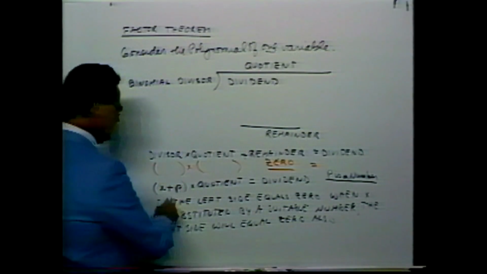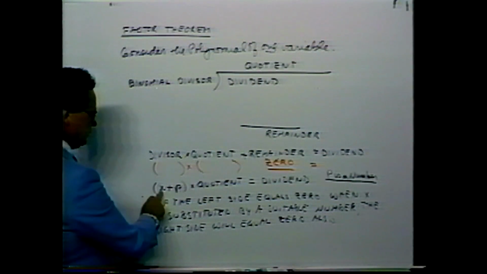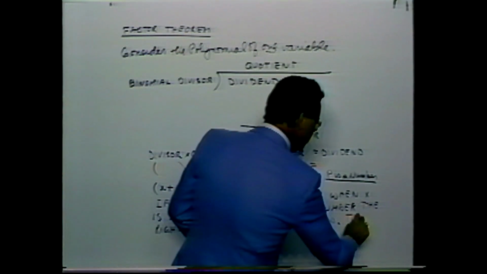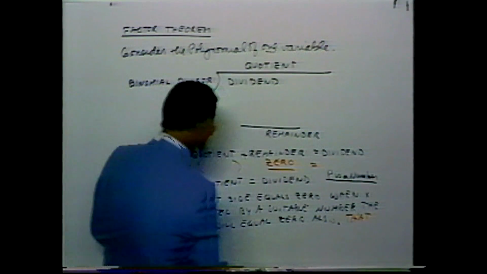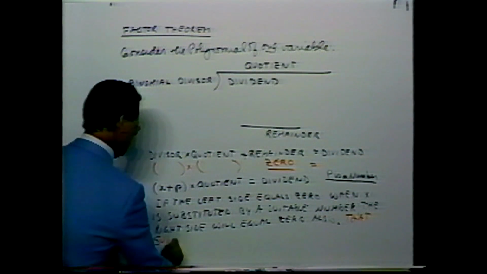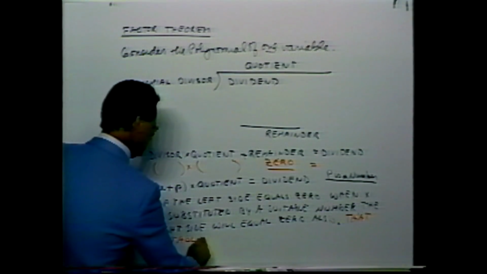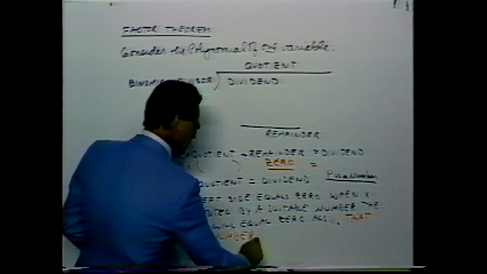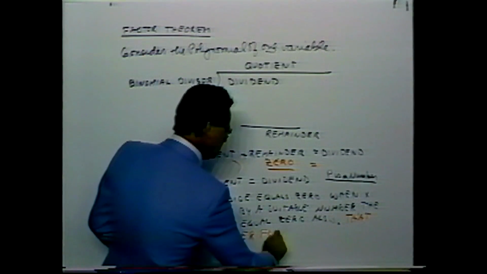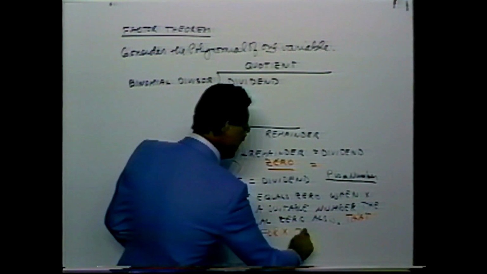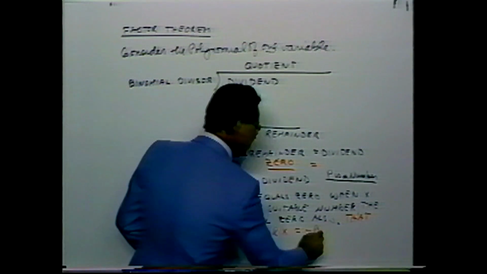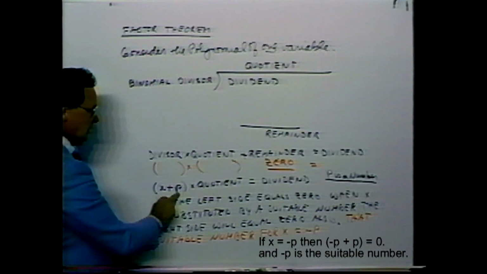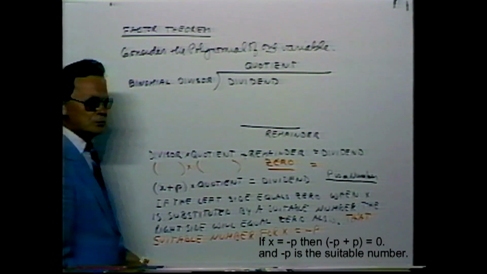Now, the suitable number happens to be minus p for x. That suitable number for x happens to equal minus p. In other words, the opposite in sign value of the number that p is supposed to represent.